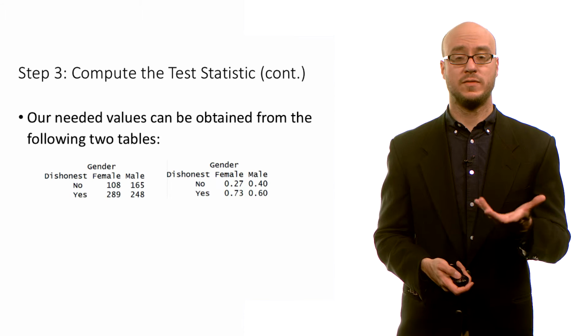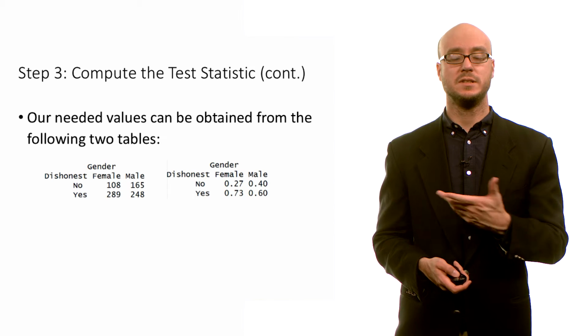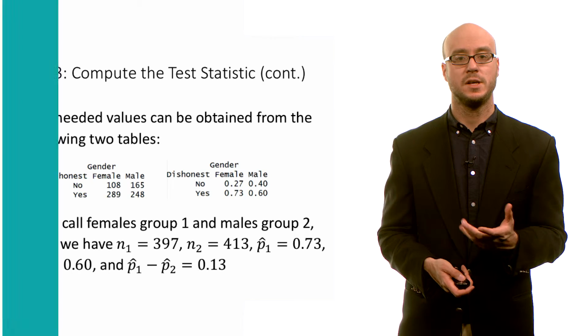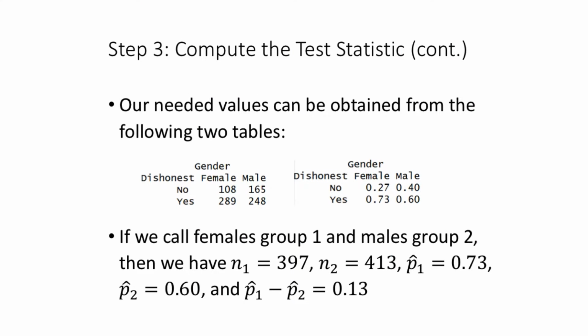And we can obtain all of our values from these following 2 tables. These give us the proportions and the counts. So if we call females group 1 and males group 2, then we have these 2 sample sizes. There are 397 females, 413 males. These are the counts for each group. The proportion for females is 0.73.